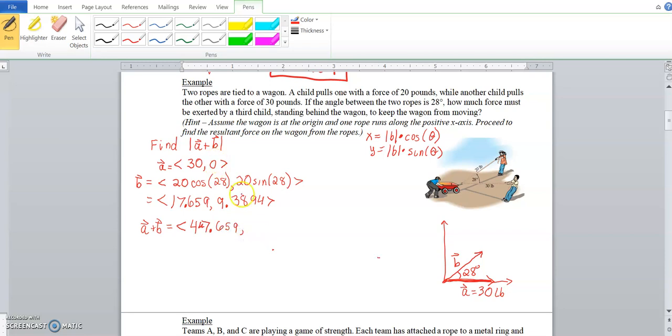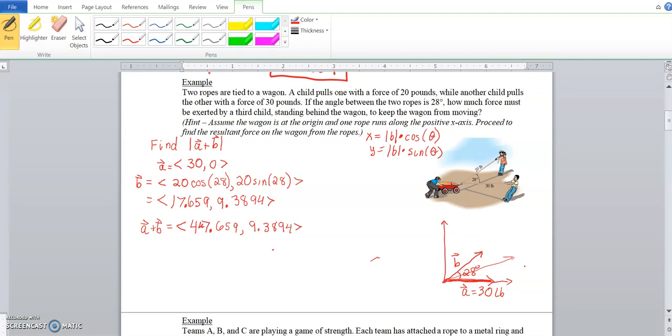We have 0 plus 9, so 9. So we're halfway there, because now we have our resulting vector starting at 0, 0. It goes over 47 and up 9, which makes sense because our resulting vector should look something like that, using the head to tail method.